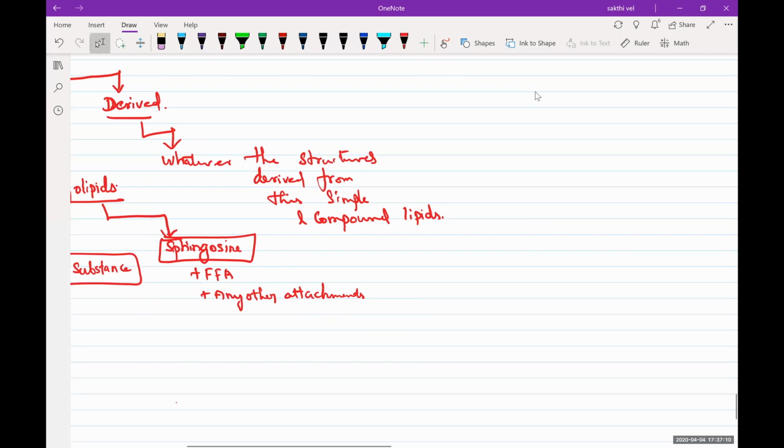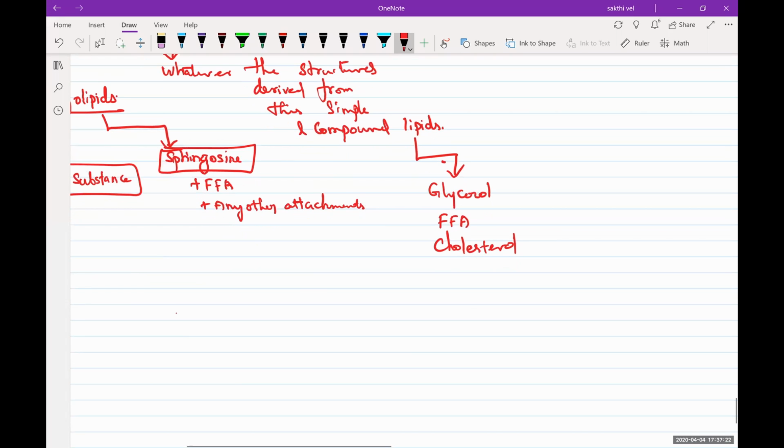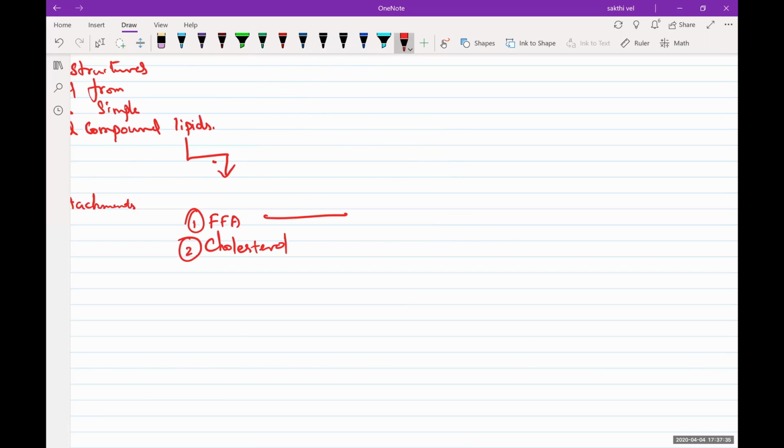So for example, glycerol, free fatty acids, and cholesterol. Cholesterol, free fatty acid, glycerol, sphingosine, these are known as derived lipids. Most commonly, we will discuss the free fatty acid and cholesterol. You know the structure of cholesterol, nothing specific here.